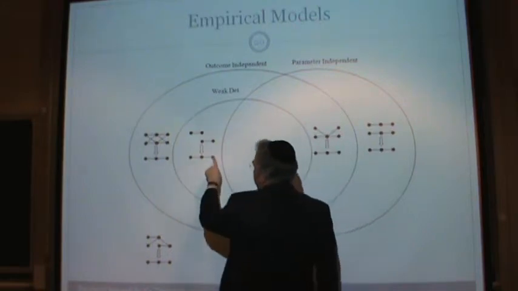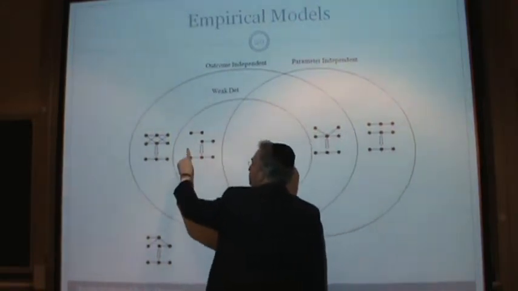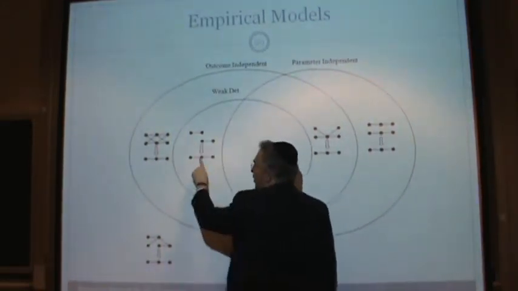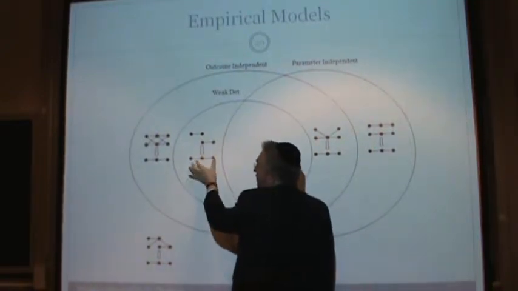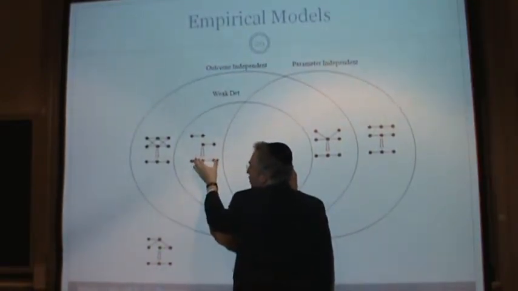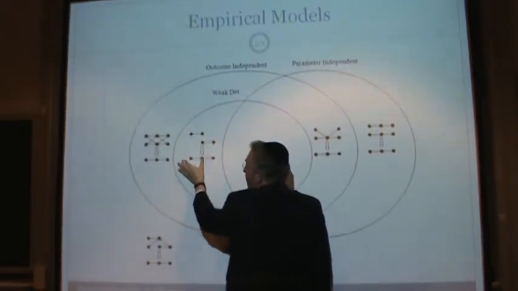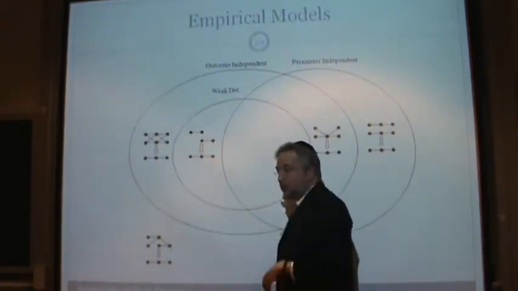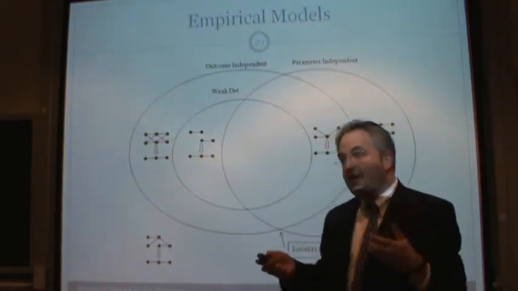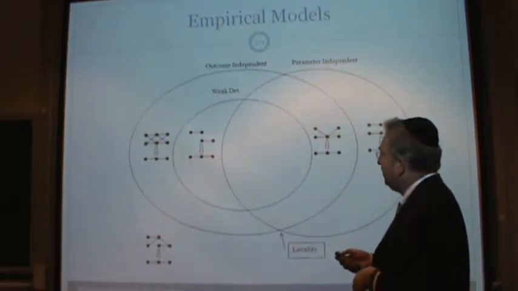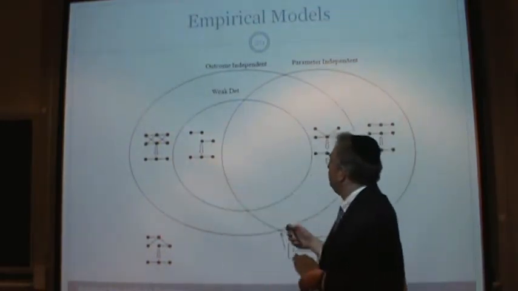You want to know what this is? That's that. You want to know what this is? That's that. No problem. You want to know what this is? Well, it depends. Did you measure it like this, or did you measure it like that? If you measured it like this, then this is the answer. If you measured it like that, that's the answer. So it depends on how you measure things: contextuality. But that has exactly one.